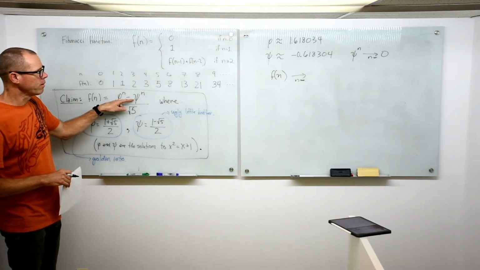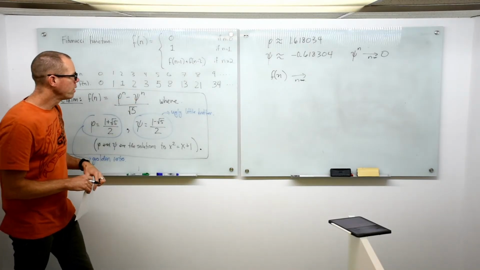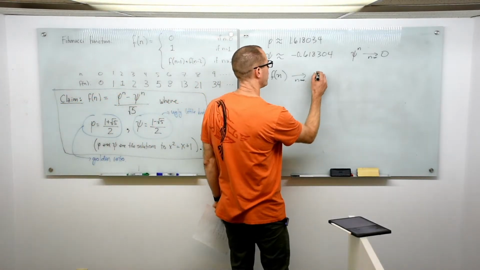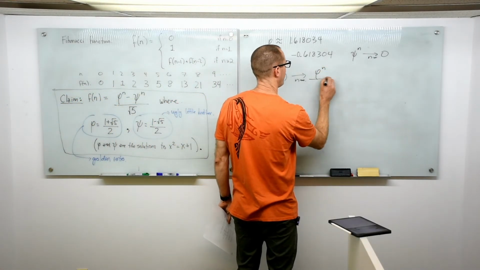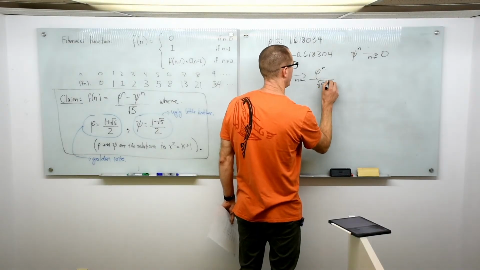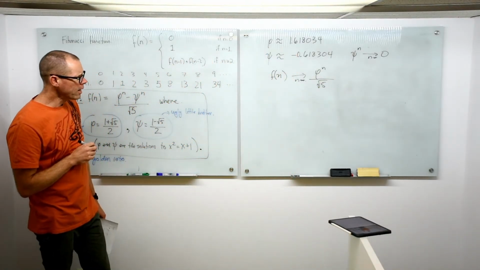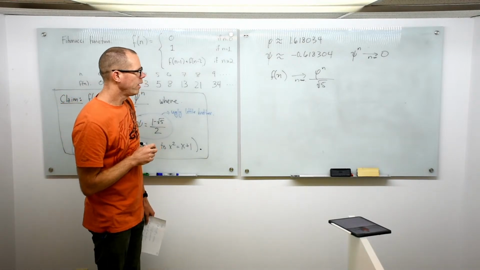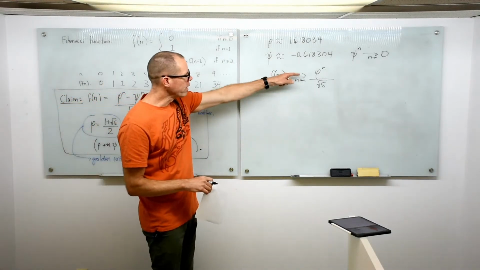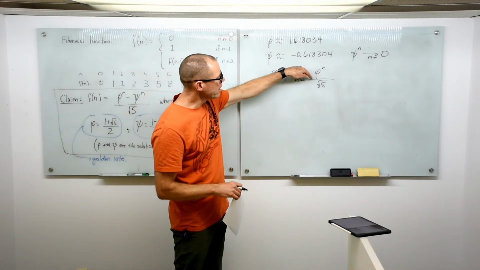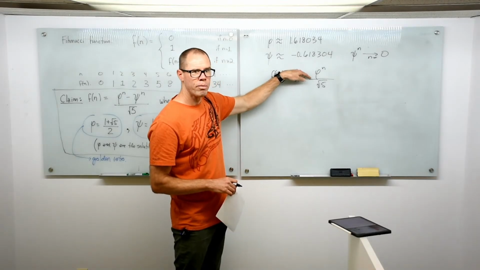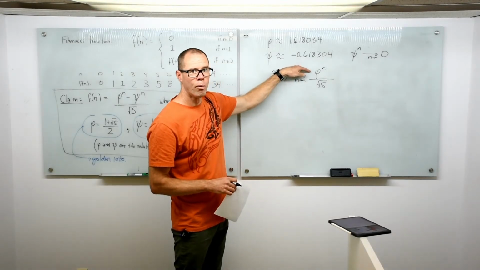And in fact, it's very close to 0. So it's almost exactly phi to the n over square root of 5. And if you don't like this hand waviness, the difference between this thing and the real nth Fibonacci number is definitely smaller than 1.